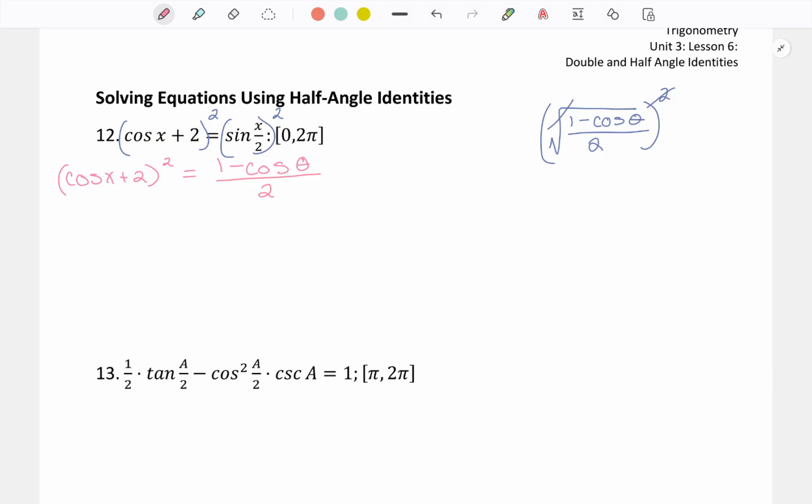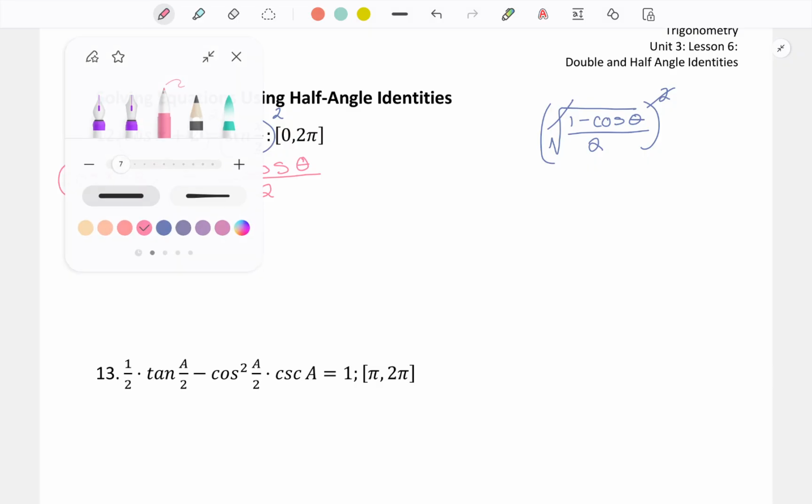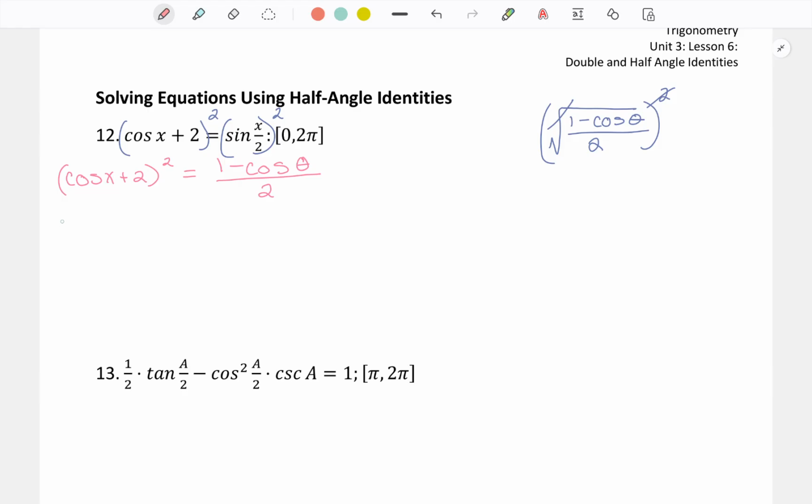And then we just have to, not factor, multiply. So we are going to have cosine squared x plus 2 cosine x plus 2 cosine x plus 4 equals 1 minus cosine theta over 2.